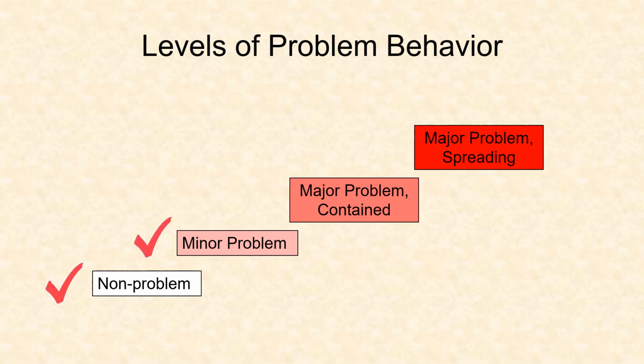And the way the teacher would deal with these will be different. If you don't catch it and deal with it as a minor problem, it may turn into a major problem, but it's contained. It's only within one or two students at that time. If a teacher does not properly deal with that major problem that's contained, then it becomes a major problem that starts spreading. Let's take a better look at this way of viewing behavior problems in the classroom.